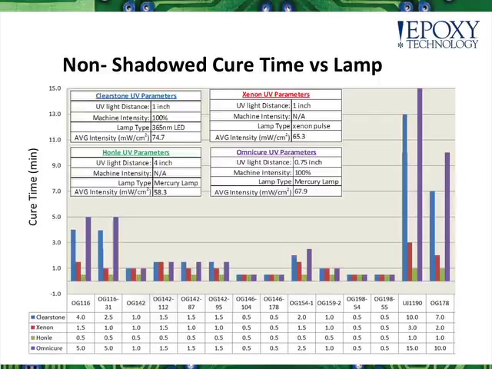That said, there were some instances, like the two on the right, the UJ1190 and the OG178, where you can see that the mercury spot cure and the LED cure took substantially longer to activate the systems. Here you can see that it is critically important for fast cure speeds to tailor your lamp to your adhesive.